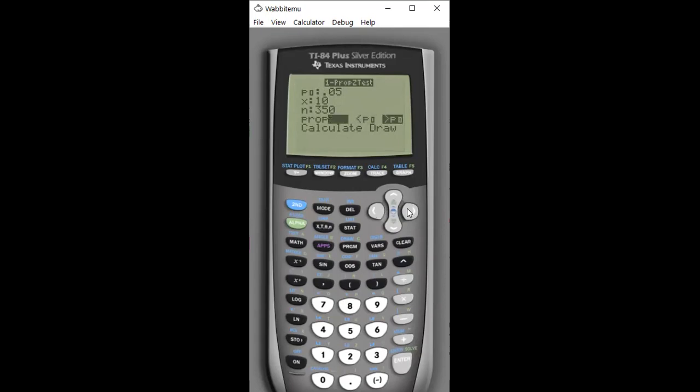P is not equal to, P is less than, or P is greater than. So for this problem, I'm going to choose P is less than, right? So my true complaint rate is less than 0.05 here. So you put your cursor here, and then you push enter.